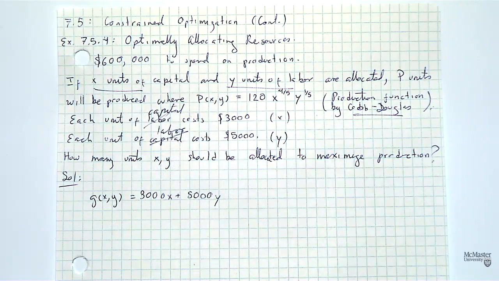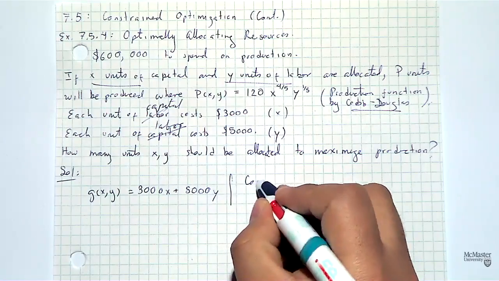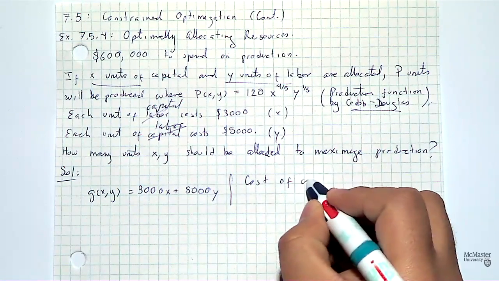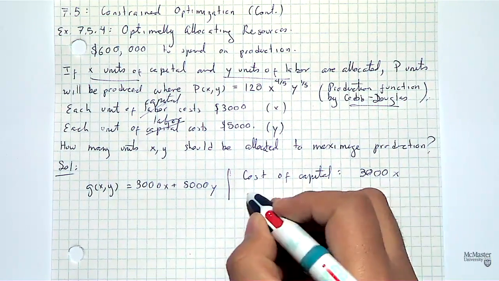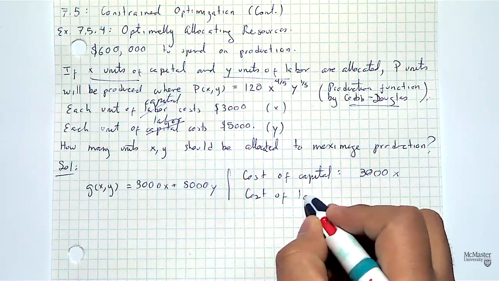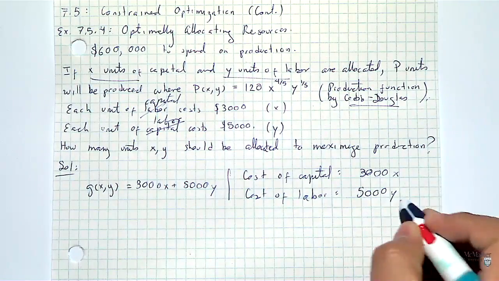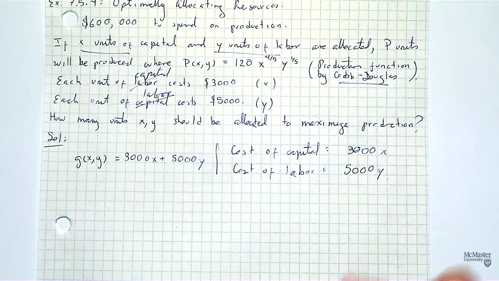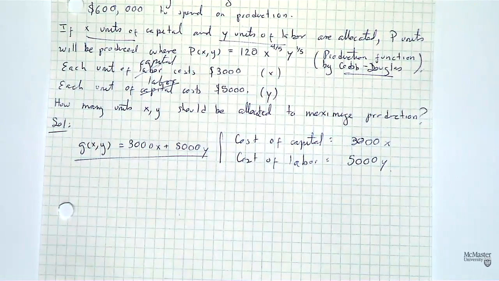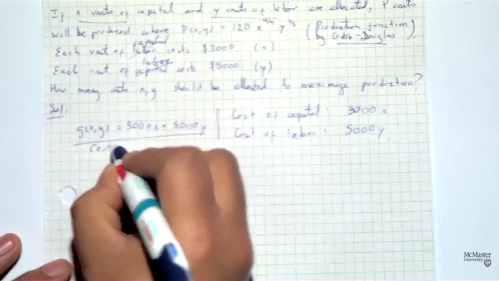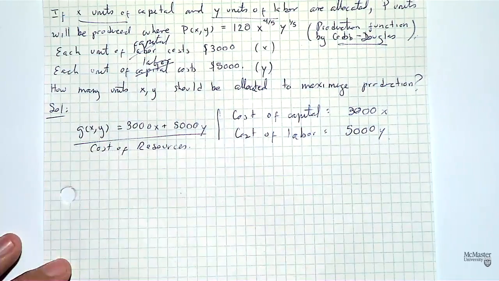Sorry about the typo. And so this is because the cost of capital is 3000x, and the cost of labor is 5000y. So just multiplying basically the price per unit for the number of units, and then the total cost is the addition of these two. And this could be named basically the cost of resources, when you add the cost of capital and labor.